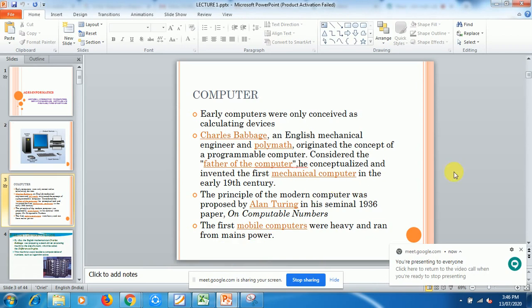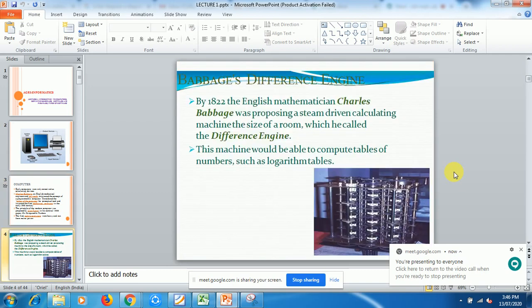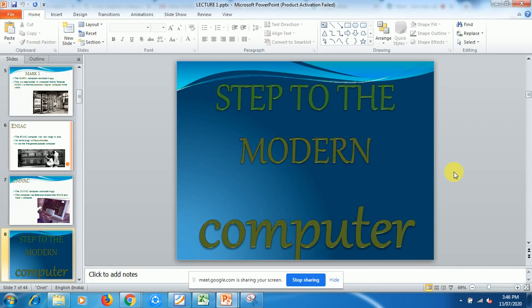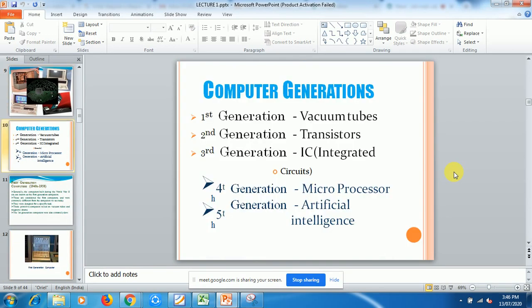So we had looked at the history of computers. Who invented the computer? That is Charles Babbage, an English mathematician and mechanical engineer. Okay, how the computers evolved from Charles Babbage's difference engine to the recent fourth generation computers: Mark One, ENIAC, UNIVAC, and the modern computer generations.